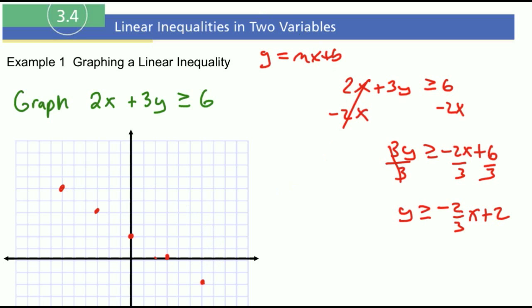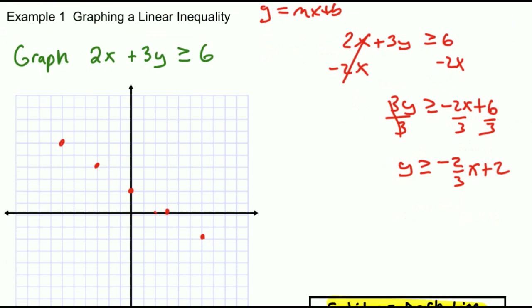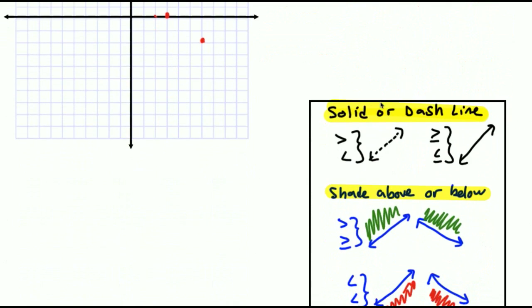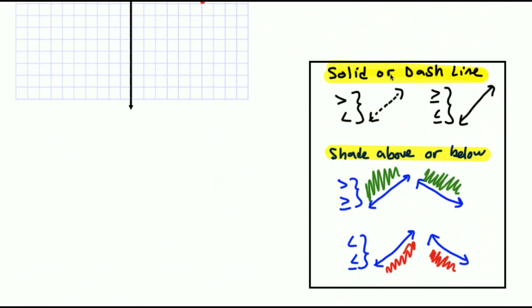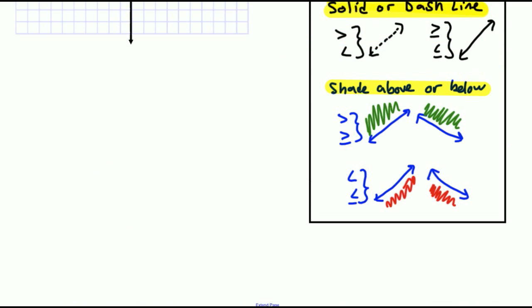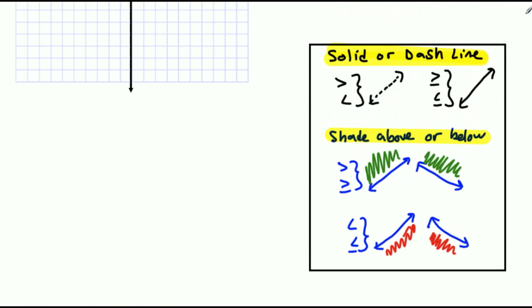Now that we're talking about inequalities, let's talk about shading, solid line, dashed line, and all that kind of stuff. I have a few rules that I've already written down, so let's take a look. First, we need to determine whether we're going to have a solid line or a dashed line.